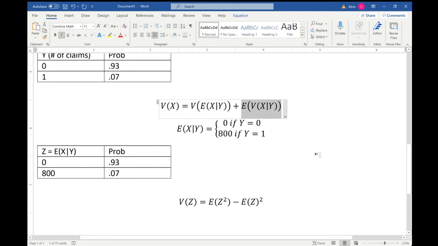Right. Because the claim amount is always the same if there's no claim. Yeah, and taking the expected value of a variance means you're multiplying it by those probabilities. Right, because we're thinking of the variance as a new random variable. Or it's the function of y that we're finding the expected value of. Yeah. Okay. Cool.